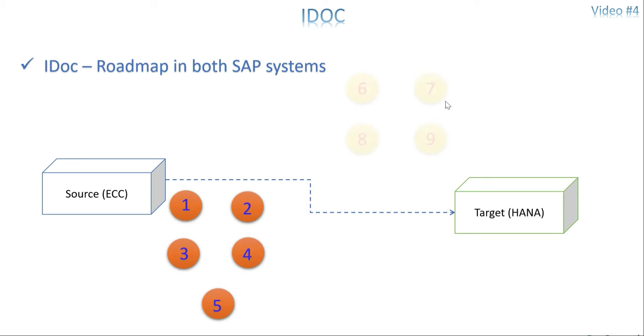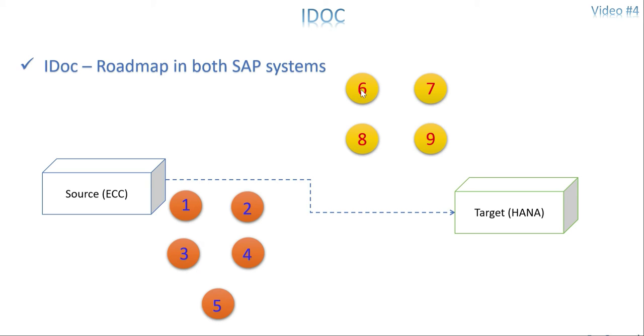So this is the previous session's first slide. We have a source and target, ECC and HANA, and we have all the 9 steps. This is the configuration. We are not going to touch anything over here except a few changes. Other than that, the logical system creation and assignment, RFC in my source system, port, partner profile, distribution of your partner profile, everything is already done.